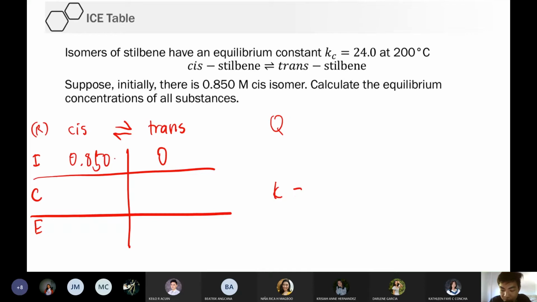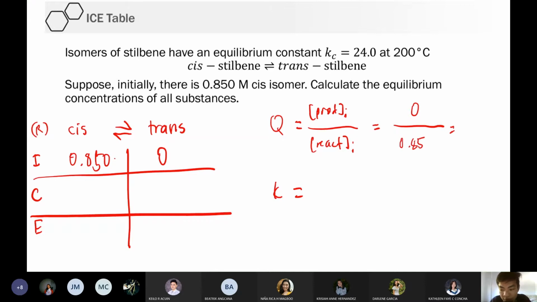For Q, the equation is product over reactant, using the initial concentrations. According to the ICE table, the concentration of our product is 0 and the concentration of our reactant is 0.85.